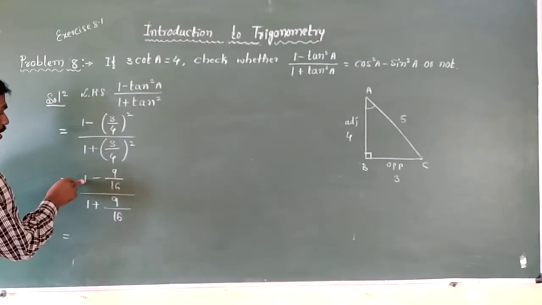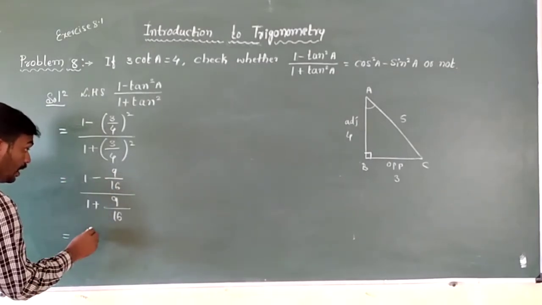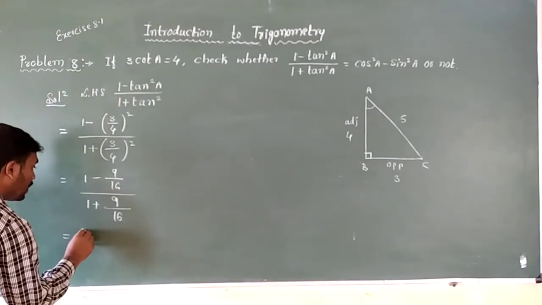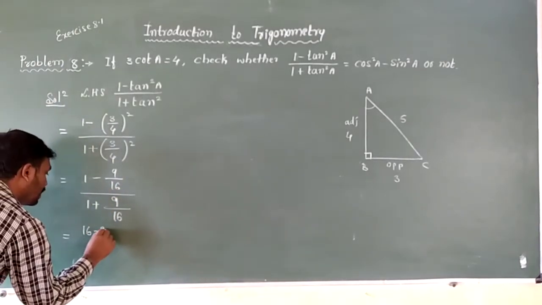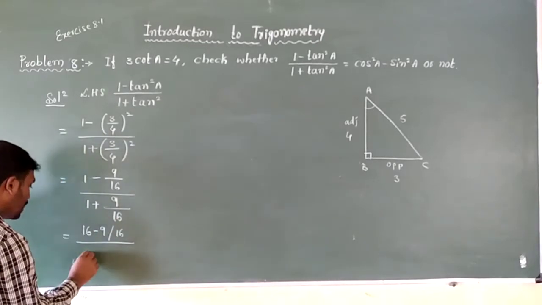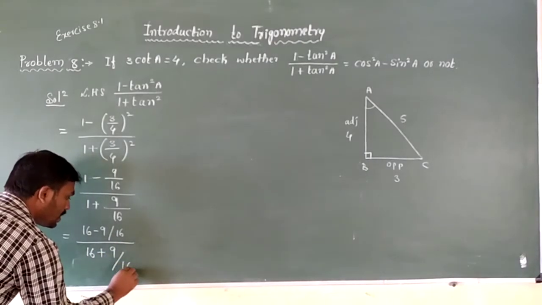Here 16 ones are 16, 16 minus 9 is 7, or you can write 16 minus 9 whole divided by 16. Here also 16 plus 9 whole divided by 16.